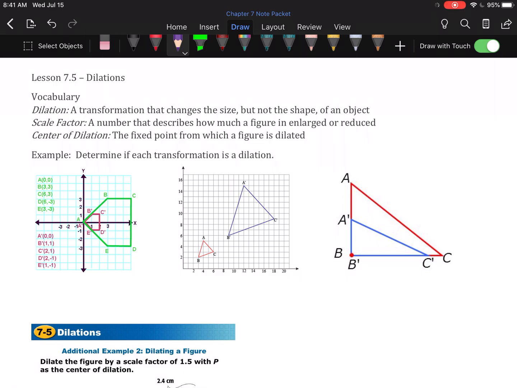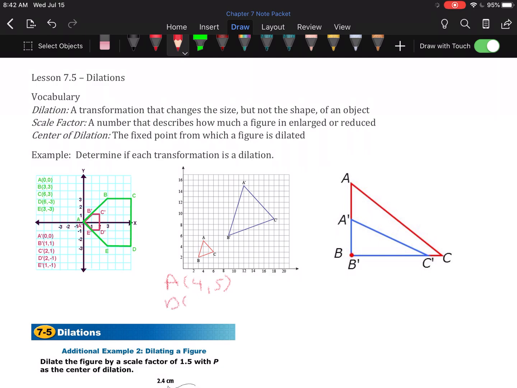On the second shape here, obviously, we have a red triangle ABC and a blue triangle A prime, B prime, C prime. What I don't have written down for me ahead of time are the ordered pairs. That would be really nice to have, so we're going to go ahead and write them down. So A is at 4, 5.